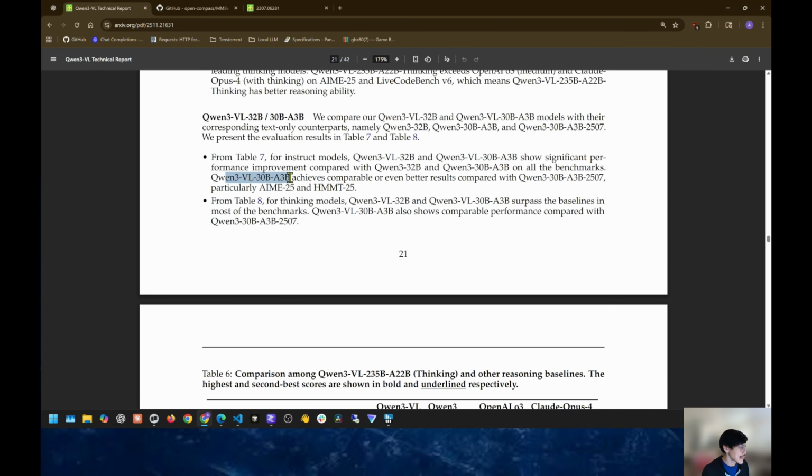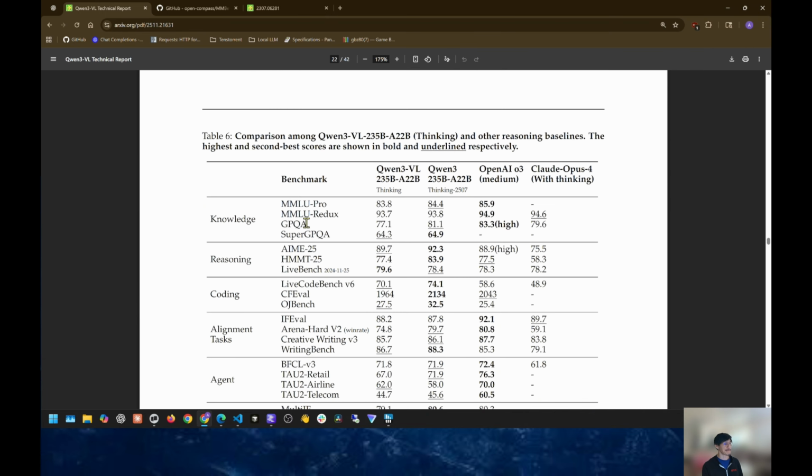Qwen3 VL 30B A3B achieves comparable or even better results compared to Qwen3 30B A3B 2507, particularly on AIME and HMMT. From Table 8 for thinking models, Qwen3 VL 32B and Qwen3 VL 30B A3B surpass the baselines in most of the benchmarks. Qwen3 VL 30B A3B also shows comparable performance with Qwen3 30B A3B 2507.